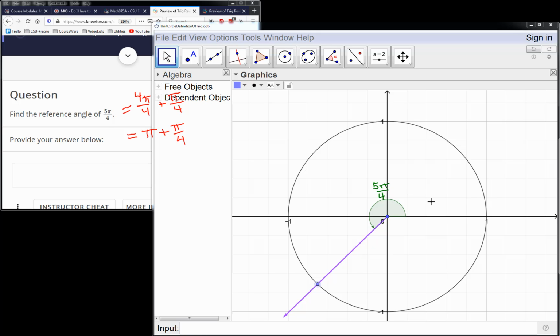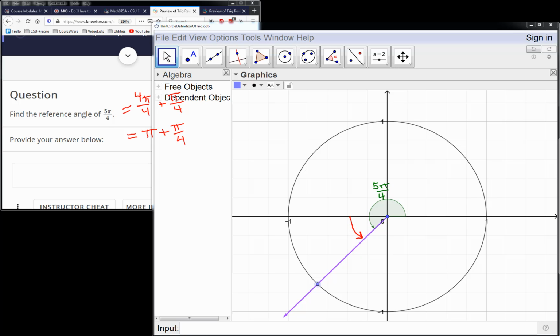Now, what's the reference angle? The reference angle was the angle formed between the terminal side and the x-axis. So I start from the x-axis, and then I go to the terminal side. That red angle right there is the reference angle. One might wonder, what is the value of this reference angle?